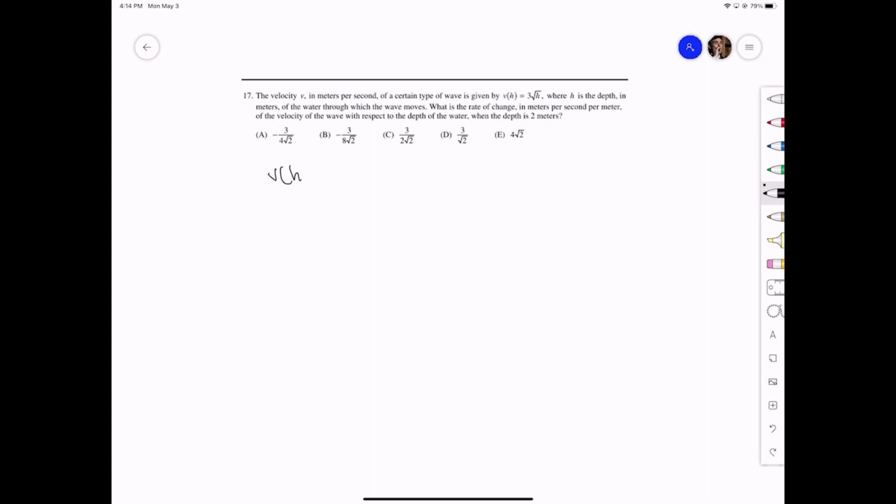So v of h equals 3 square root of h. What's v prime of h? It's 3 over 2 square root of h. So when h is 2, it's 3 over 2 square root of 2, which is C. Let me just double check. Yeah.